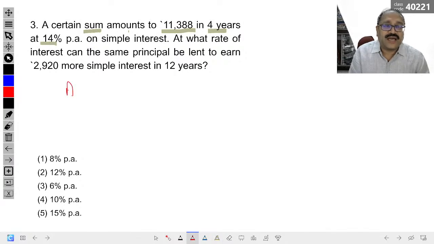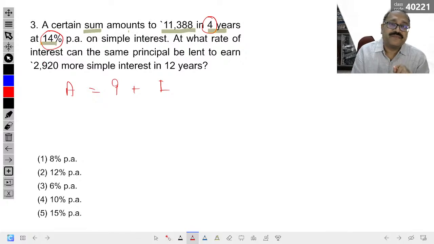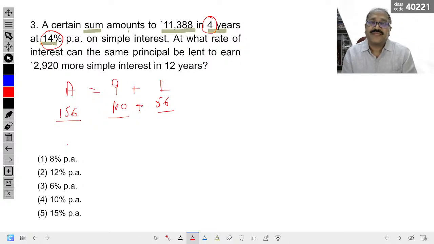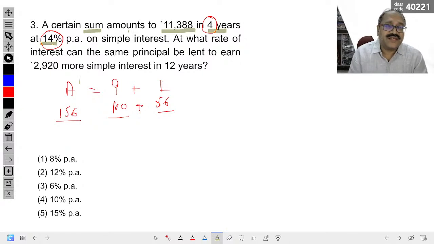We know that the amount is equal to the principal plus interest, and here the interest is 14% for 4 years, so 4 times 14 is 56% interest. The principal will be 100, then my amount will be 100 plus 56, so 156% is the amount. We know that relation. Let's read on the next part.